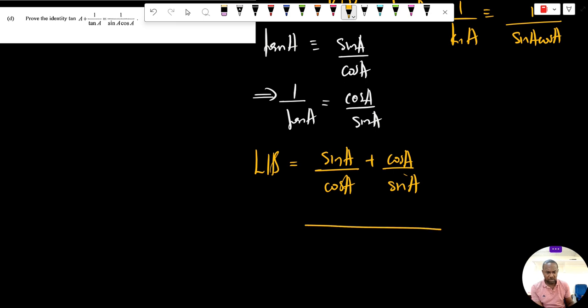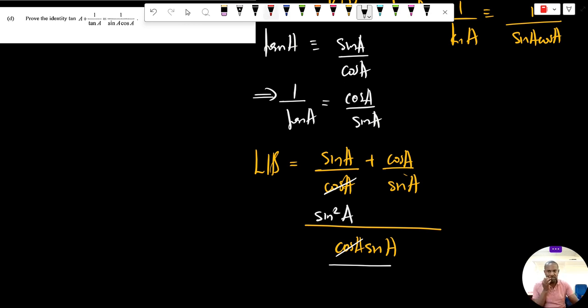Draw a line below and write down a common denominator, which of course is cos A sine A. And then we say cos A into cos A sine A. The cos A's of course will cancel. And this leaves us with sine A. And we say sine A times sine A. That gives us sine squared A. Right?